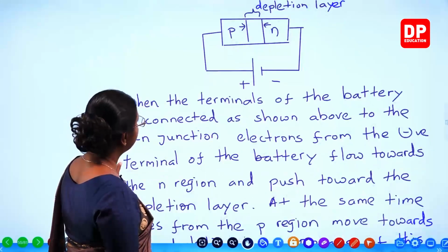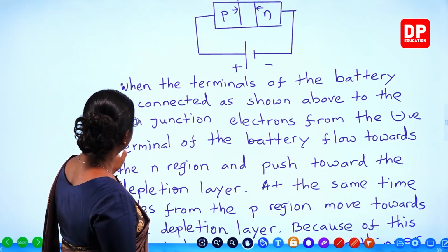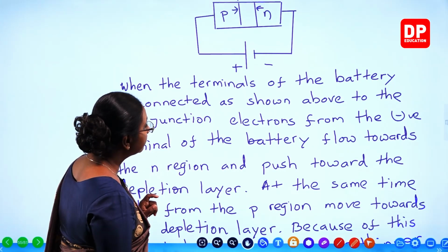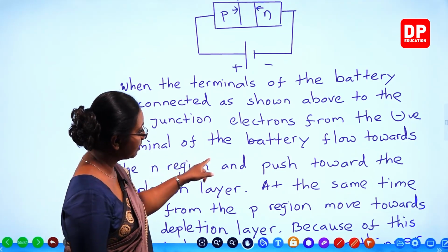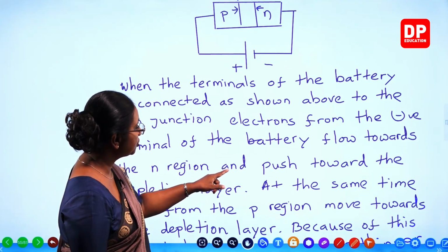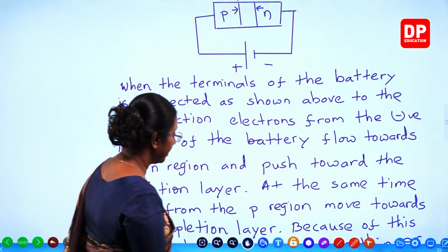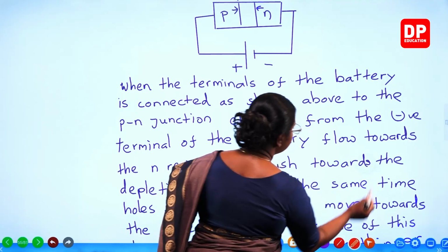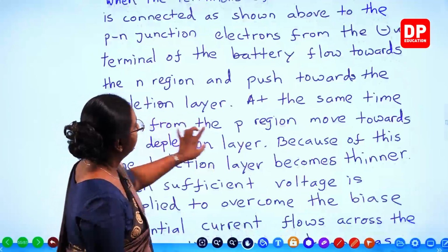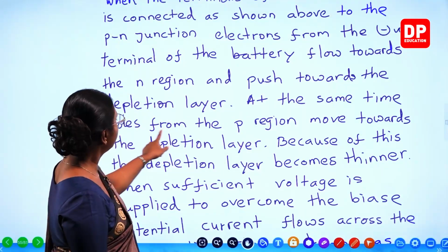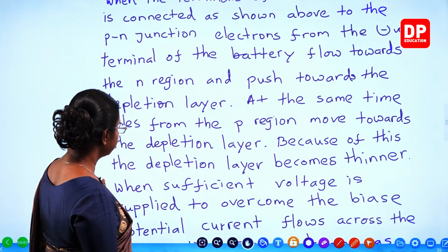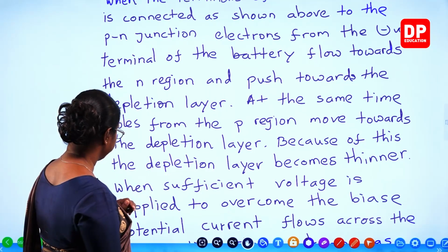So because of that, when the terminals of the battery are connected as shown above to the PN junction, electrons flow from the negative terminal of the battery towards the N region and push towards the depletion layer. And at the same time, holes from the P region move towards the depletion layer. Because of this, the depletion layer becomes thinner.